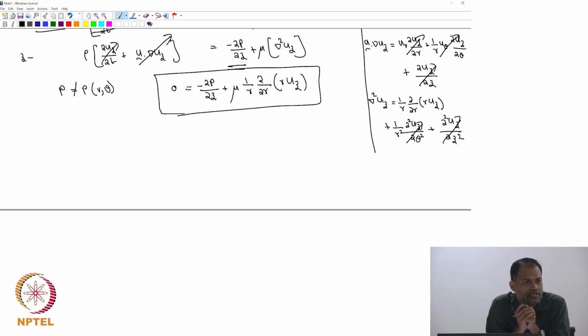That's the question. We said P is not a function of r and theta, so I can write this ∂P/∂z as really dP/dz, and uz is only a function of r. So that is again an ordinary derivative. So it is no more a partial differential equation, it is an ordinary differential equation and you know how to solve it.